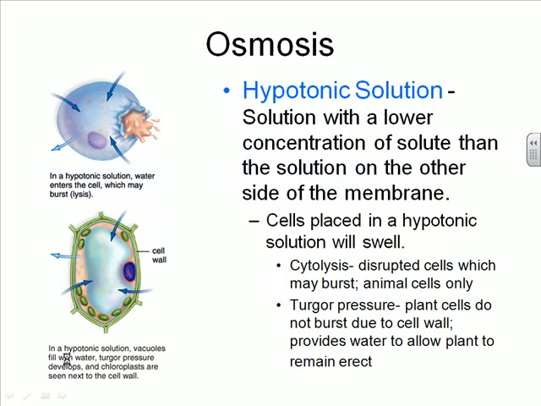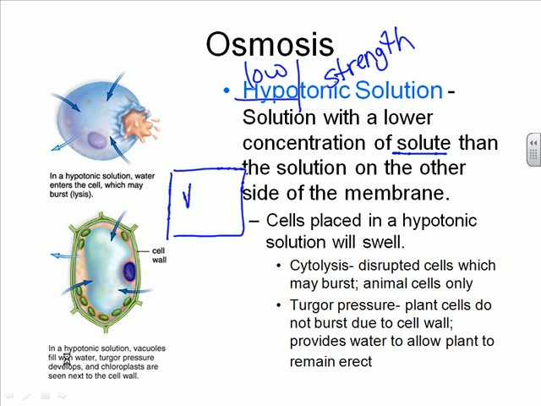We also have a hypotonic. All right, tonicity is strength of the solution. And hypo is referring to having a low strength of solute. When you're referring to the solution's strength, you're referring to the amount of solute. So in a hypotonic solution, there is a low amount of solute.